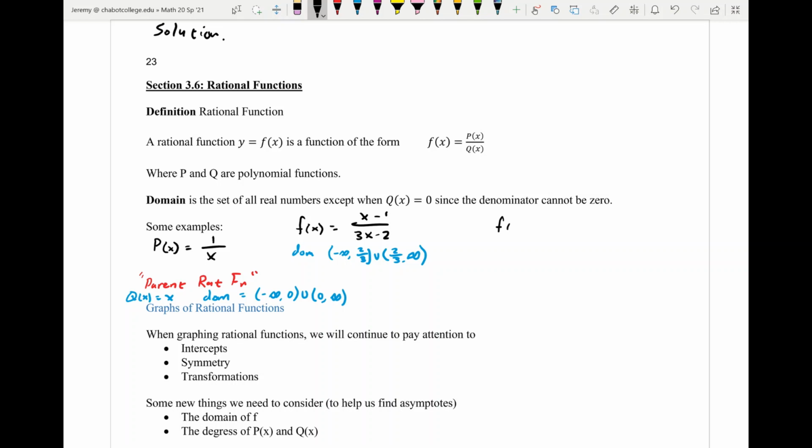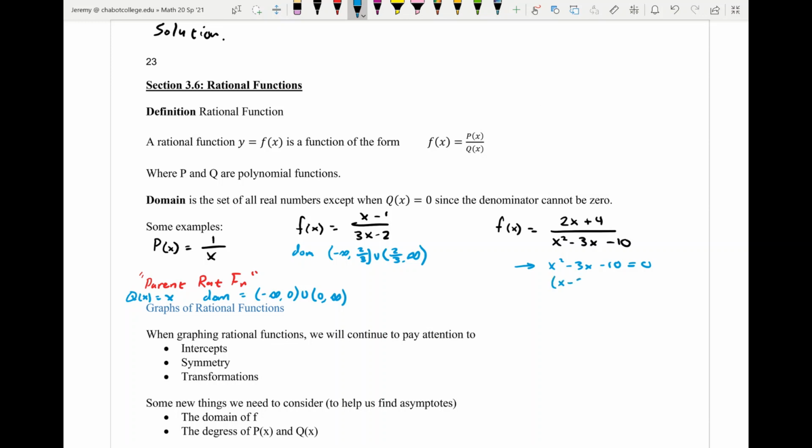And then one more example. For this one, we're going to have 2x plus 4 over x squared minus 3x minus 10. For this one, we've got a degree 1, a linear function, divided by a quadratic. So the degree of the numerator and denominator don't have to be the same. Since we're thinking about domain, looking at the denominator, if we set it equal to 0, we could solve it by factoring.